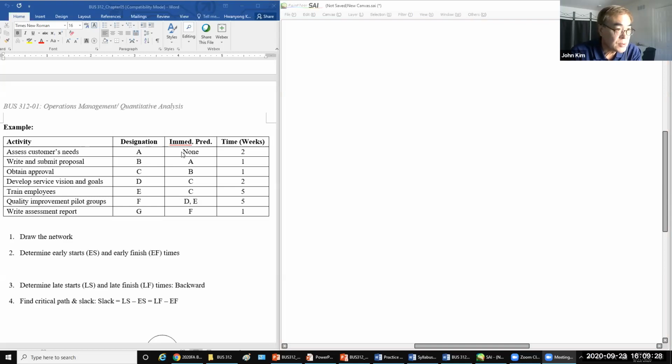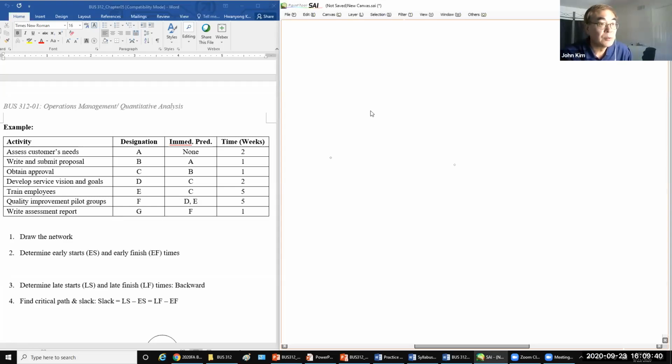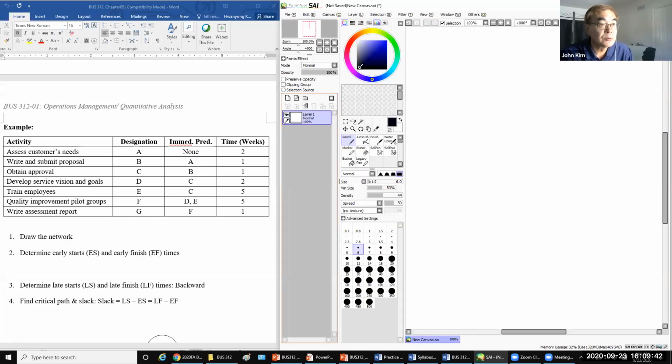Okay. Activity A doesn't have immediate predecessors, so it's a starting point. So circle. Oops, just a moment. The color is change.